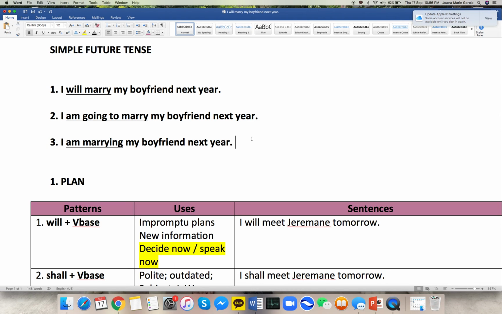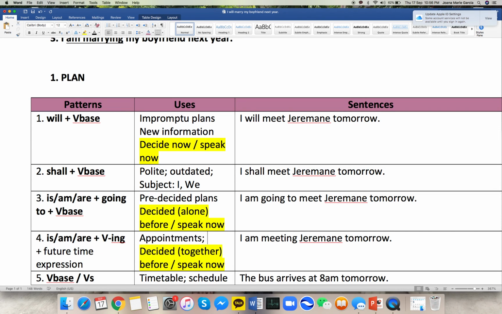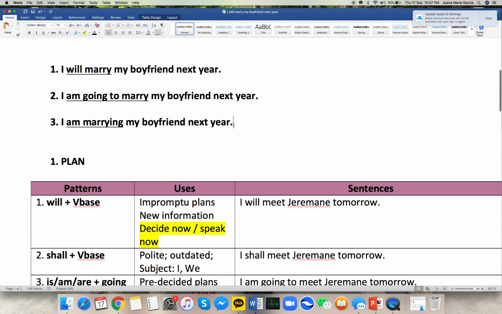But the last one is actually the best one, because it means that my boyfriend and I have already decided about that. It's already an agreement, an appointment. So remember that. This one is for agreement and appointments. So in this case, my boyfriend and I decided before that we are marrying each other next year.